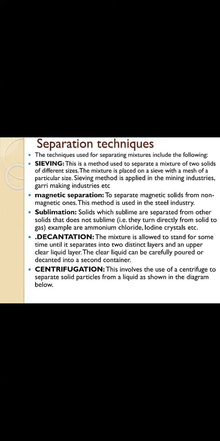For every sieve, there are always holes. Then there will be a mesh under the sieve. So the solids with larger particles stay in the sieve, while the solids with smaller particles pass through the sieve and go to the mesh. And this is how this separation is done.